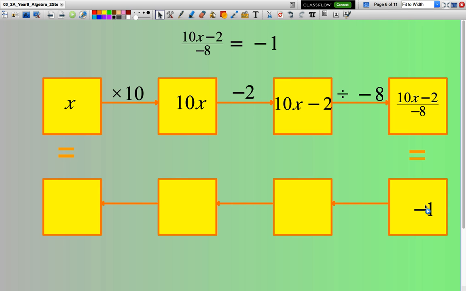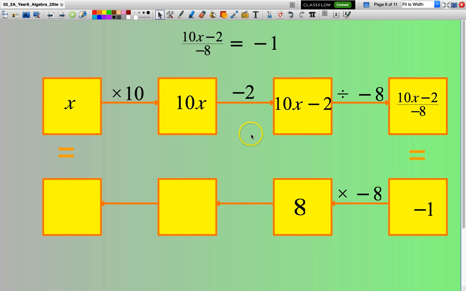So the opposite, or the inverse to dividing by negative 8 is multiplying by negative 8. So there we go. Multiply by negative 8. Which will give me 8. So negative 1 times negative 8 equals positive 8, because a negative multiplied by a negative is a positive.